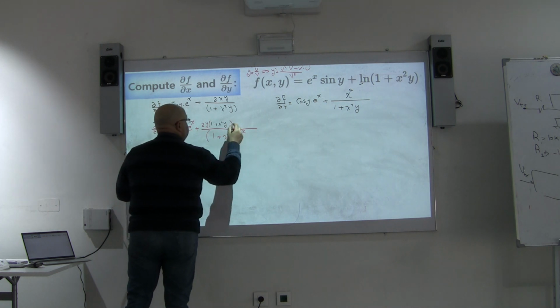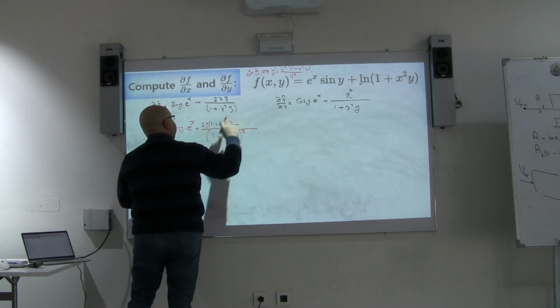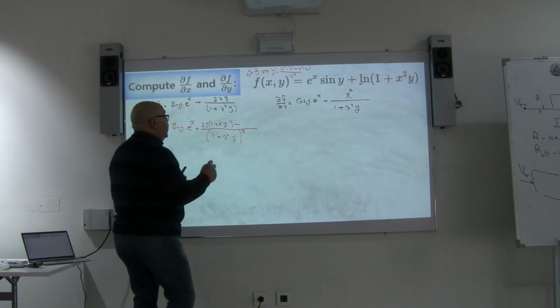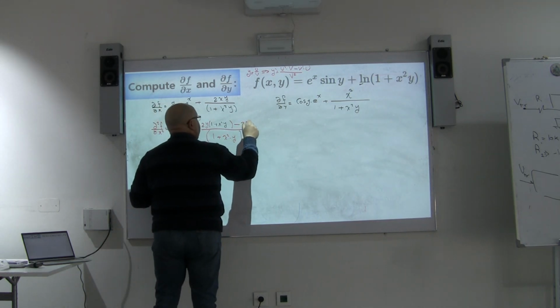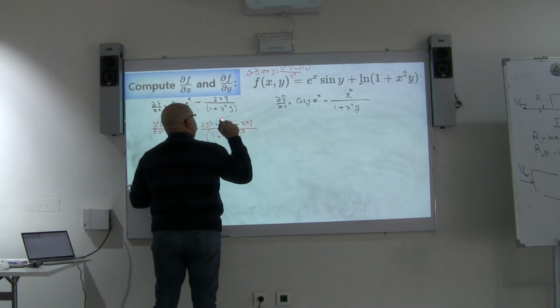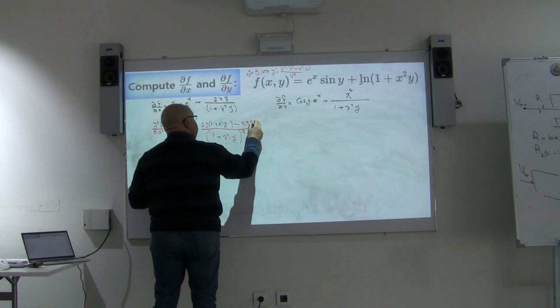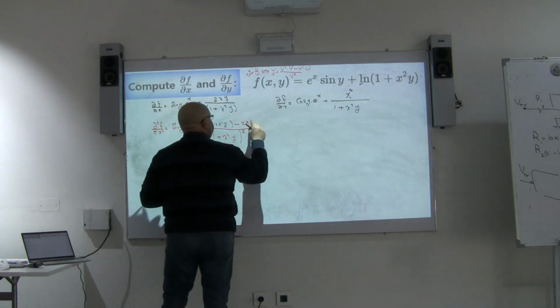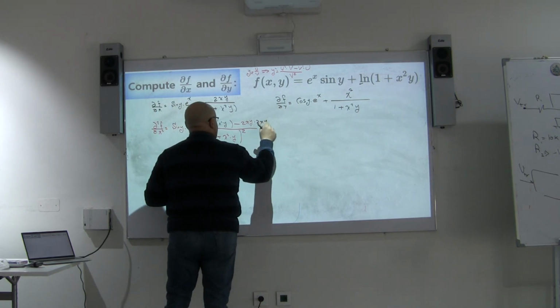Then minus the derivative of the denominator with respect to x, which gives 2xy, multiplied by the numerator.